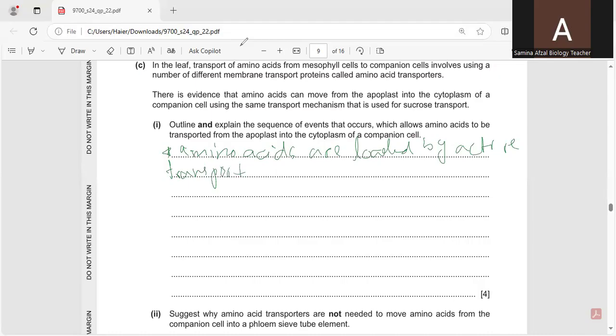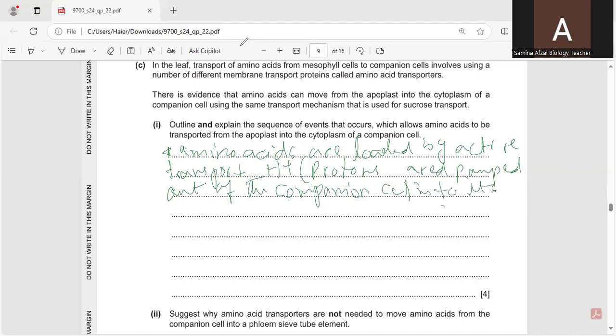In that case, the hydrogen ions, which are also called protons, are pumped out of the companion cells into the cell wall, by a proton pump protein.